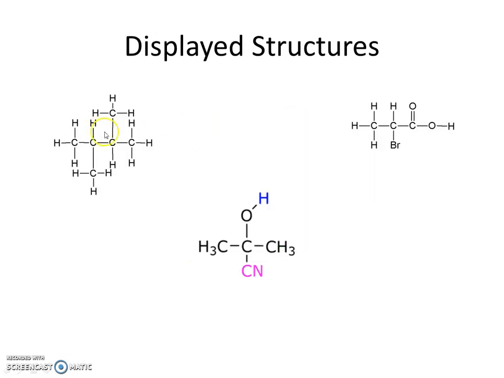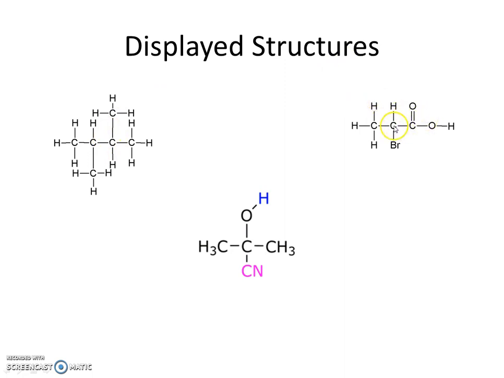Okay, so let's just go through a few examples of trying to spot some chiral centers. Here we've got 2,3-dimethylbutane. If you look, the end carbons, they've got 3 hydrogens, so there's definitely no 4 different groups there. And then on carbon number 2 and also on carbon number 3, you've got 2 methyl groups, so there is no chiral carbon there.